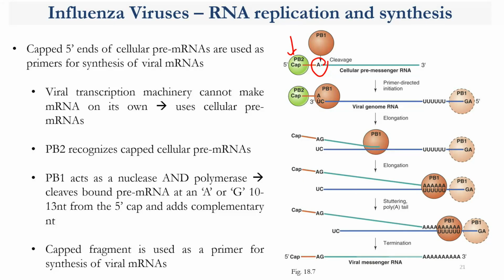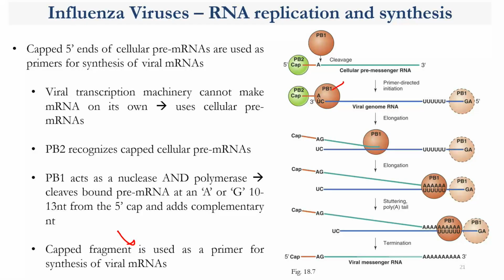And what this does is, it cleaves the bound pre-mRNA at either an A or a G that's about 10 to 13 nucleotides away from the 5' cap, and it adds a complementary nucleotide. You can see that here. Here's your A, and you add a complementary nucleotide, in this case U. And this capped fragment can now be used as a primer for the synthesis of viral mRNAs.